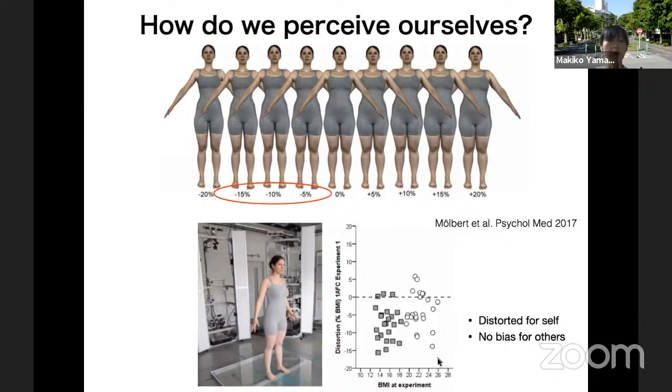Even if subjects are fat people or slim people, they see themselves as slimmer than they actually are. So this study indicates distortion in self-perception. But in the case of others' avatars, they didn't show this type of bias.